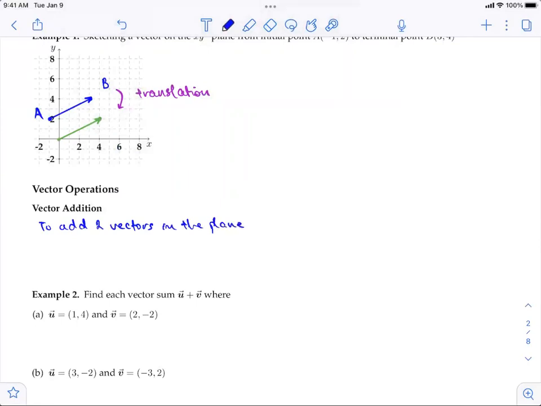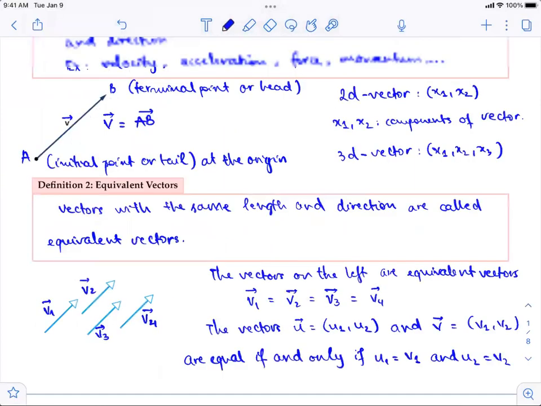Right, so when we talk about the plane, an XY plane, or this is just the two-dimensional case, R2, what you do is you add their corresponding components.